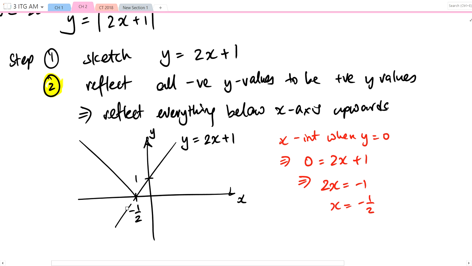Most of the time we will use dotted lines instead, so we'll just erase bits of it to result in a dotted line like this. So this is my final graph of y equals modulus 2x plus 1. So we'll just modify this. Here's our answer.